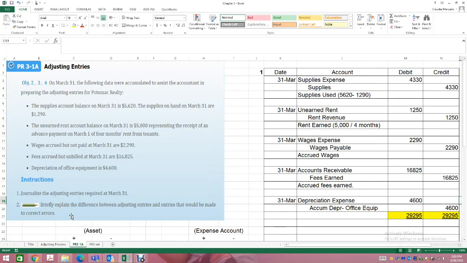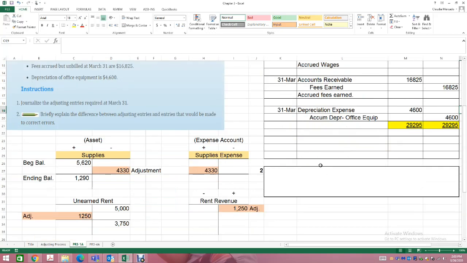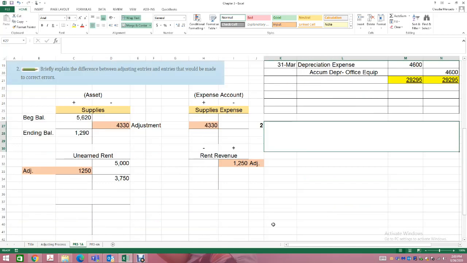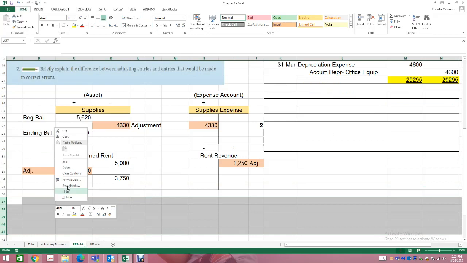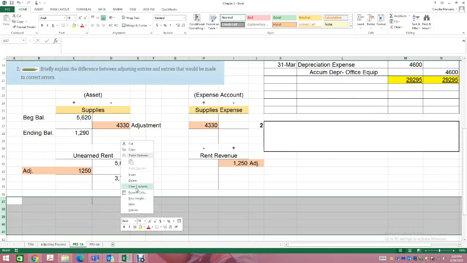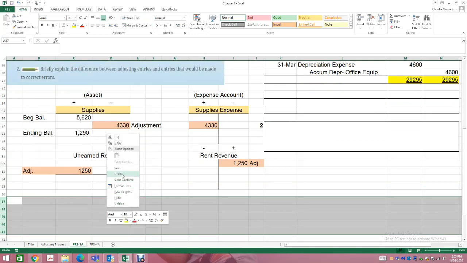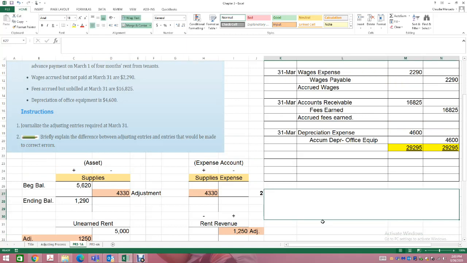The second requirement says, briefly explain the difference between adjusting entries and entries that would be made to correct errors. So let's put the answer right there. They're asking us to explain the difference between adjusting entries and regular entries to correct errors.